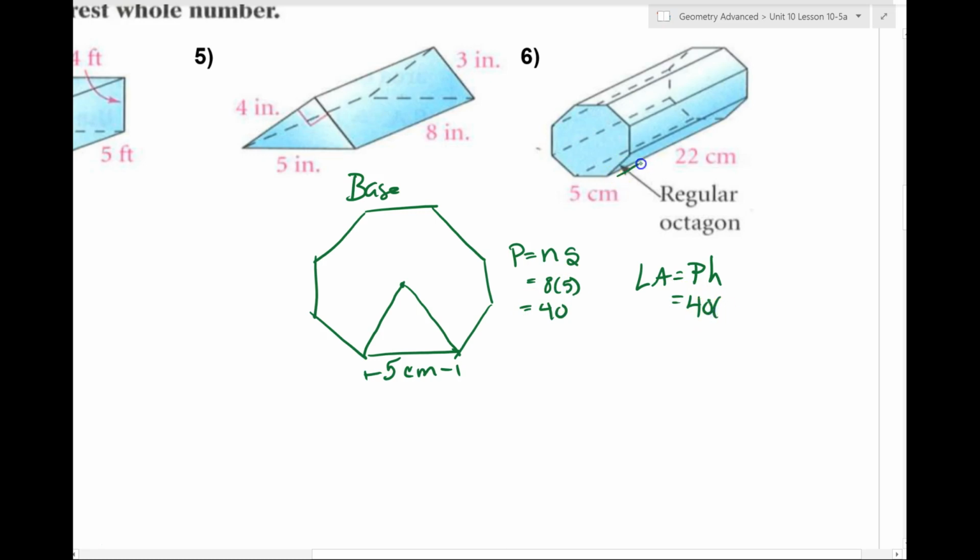The height is the length of the lateral edge on this right regular octagonal prism, and we got 22 centimeters. Oops, you're not going to put the label on there yet. 22. And then we get 880 square centimeters. So that's the lateral area's value.